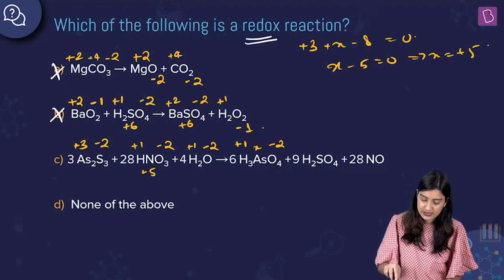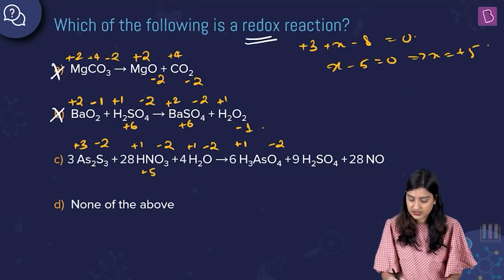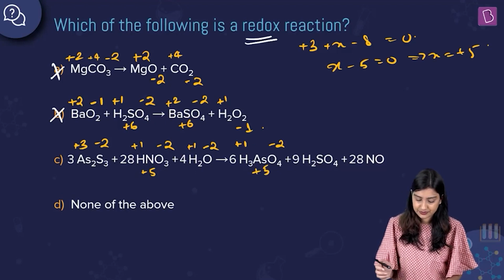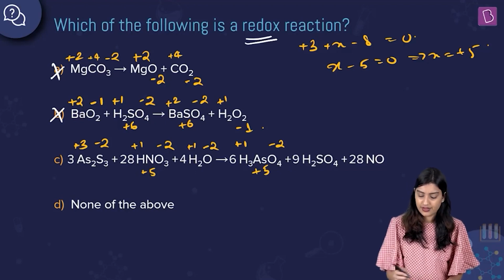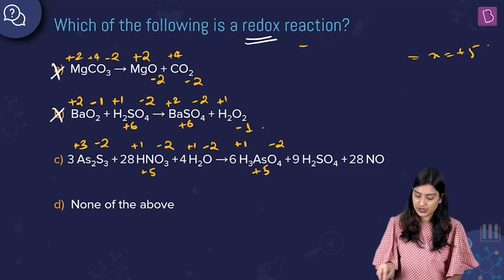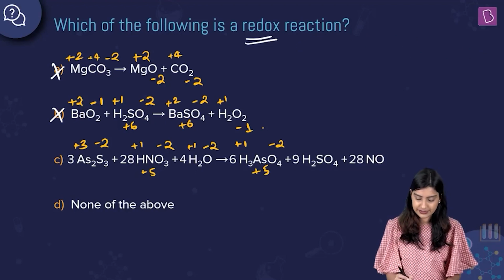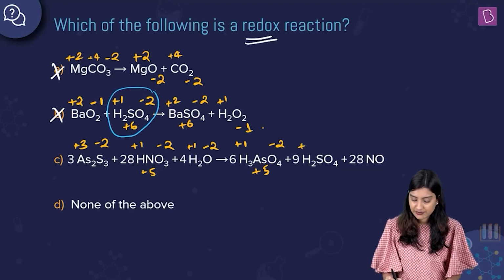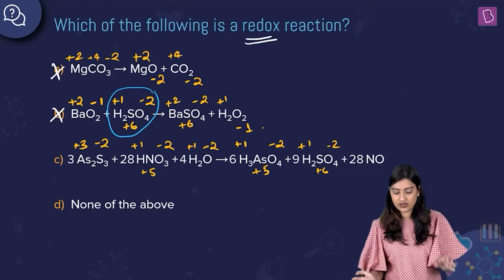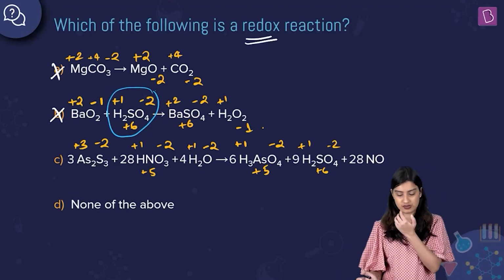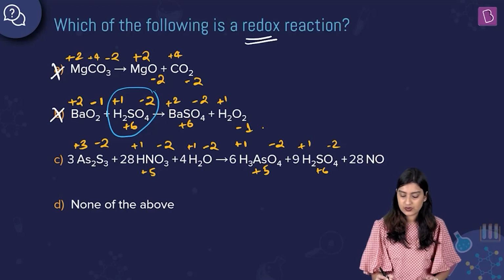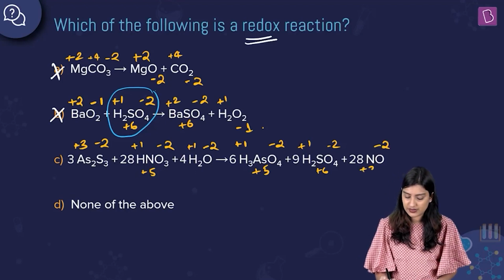Right, so arsenic is in +5 oxidation state. Great. What else do we have? We have H2SO4. So for H2SO4, we just calculated here, right? We calculated right here, so let's write that down. You have +1, +6 and -2. These are your oxidation states of the respective elements hydrogen, sulfur and oxygen. Then you have NO. So this is pretty simple. This will be -2, this will be +2.